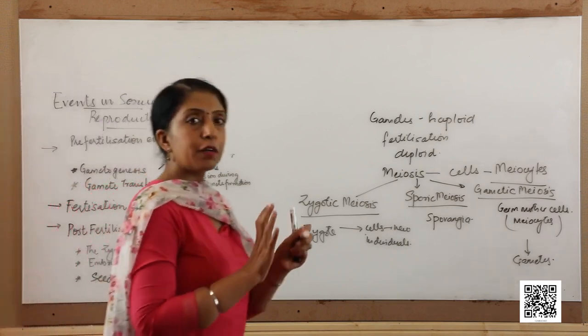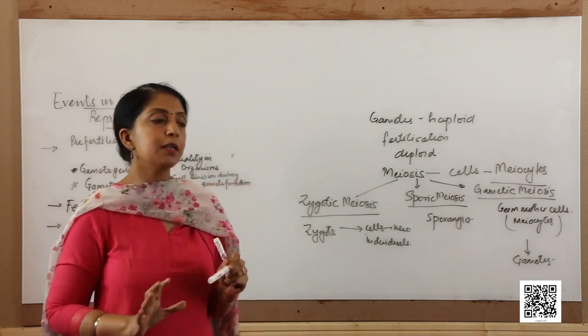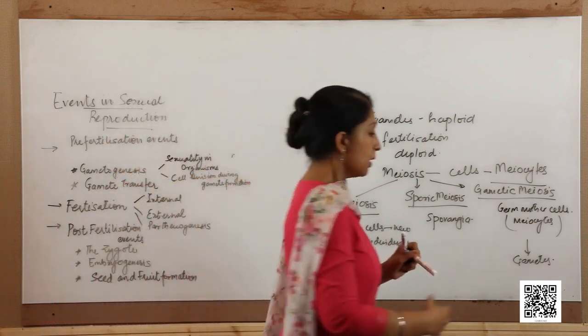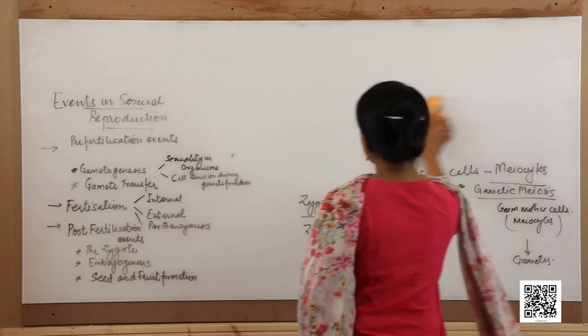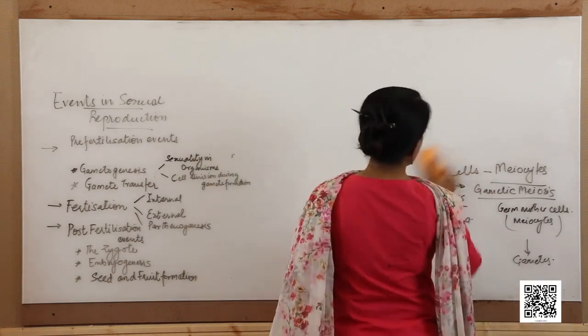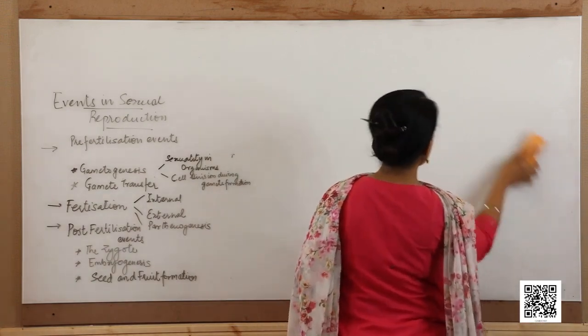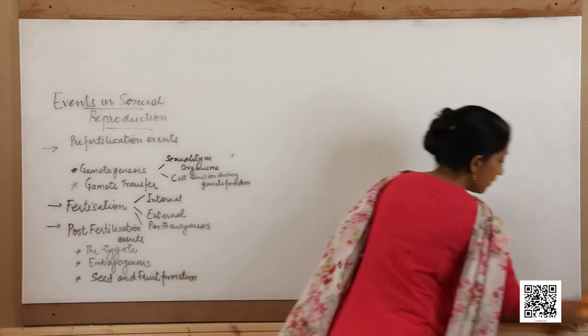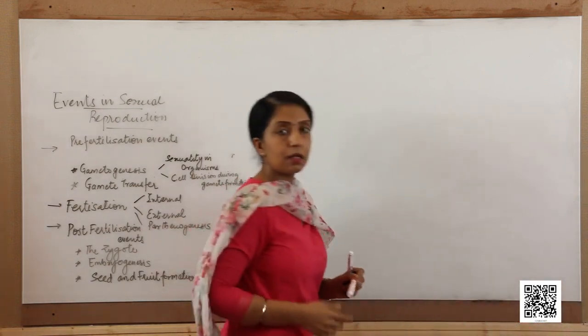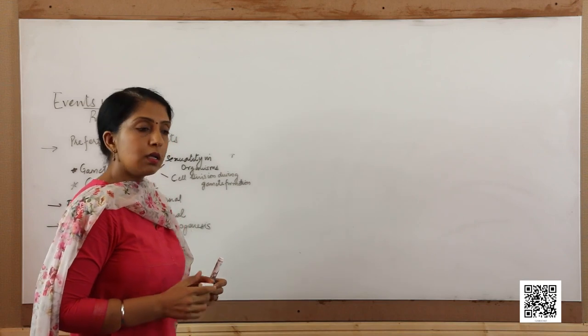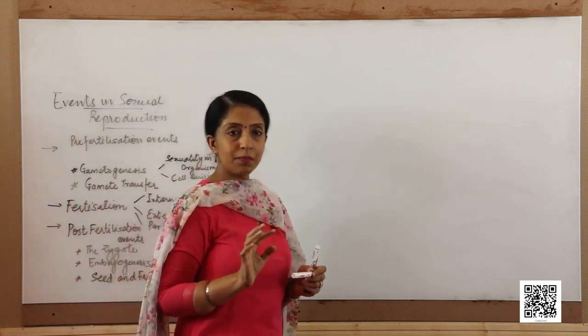After the formation of gametes has taken place and different types of gametes are formed, the next step is fertilization. Now, fertilization is the most important event after the formation of the gametes. The mechanism of fertilization may vary depending upon the habitat of the organism.